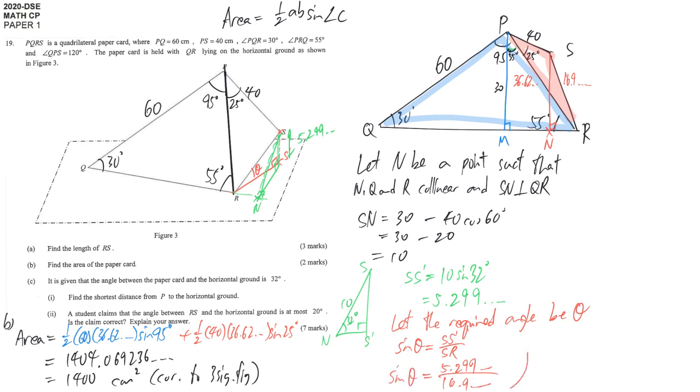Then shift sine, we get theta is equal to 18.26 something degrees. And then compare with our target, compare with 20. They say at most 20 degrees. The fact is it is less than 20 degrees. So we find out that it is correct. The claim is correct.